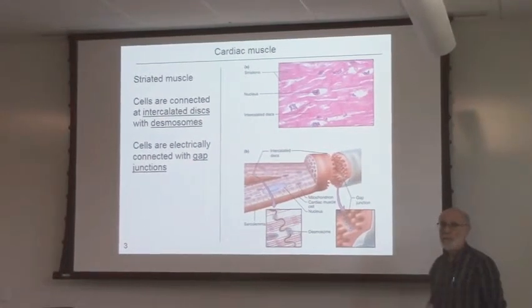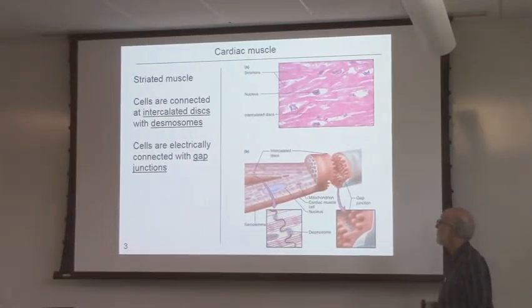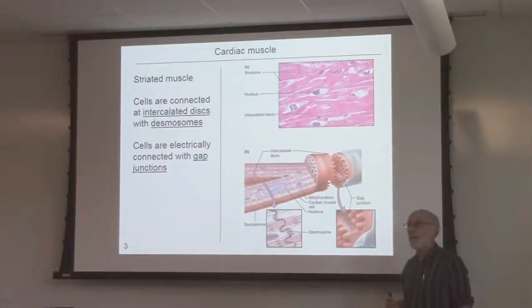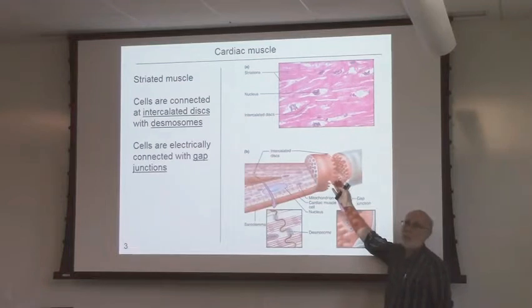Skeletal muscles don't do that. Another dissimilarity is that each skeletal muscle fiber, each skeletal muscle cell is innervated by a motor neuron. Heart muscle cells are not innervated by motor neurons. They are innervated by sympathetic neurons, and we'll get to that later.